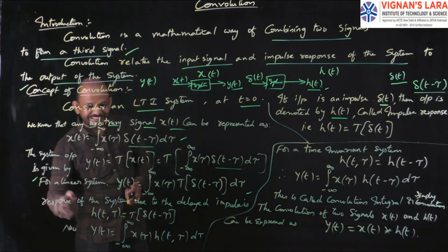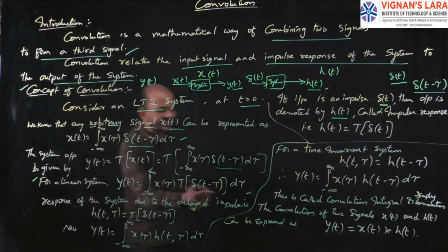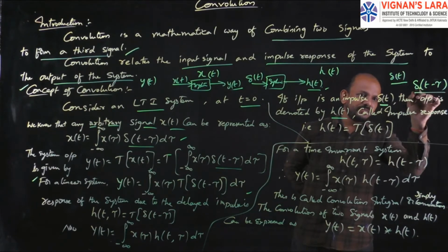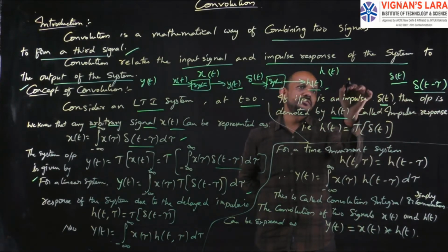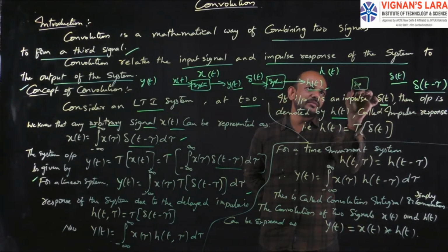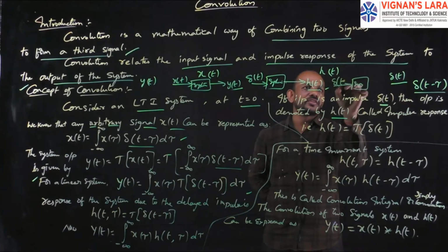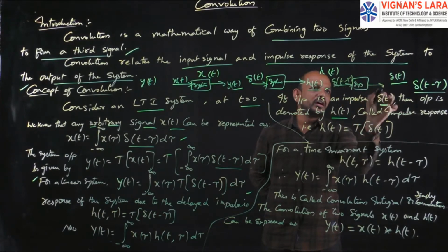Now see, the response of the system is nothing but the output of the system due to the delayed impulse. If the impulse is delayed by tau seconds and it is given to a system, so here there is a system, for this I am giving the input as delayed impulse del of t minus tau.